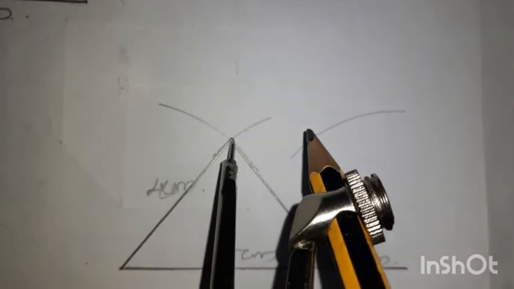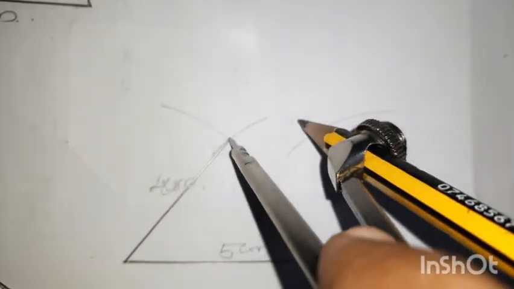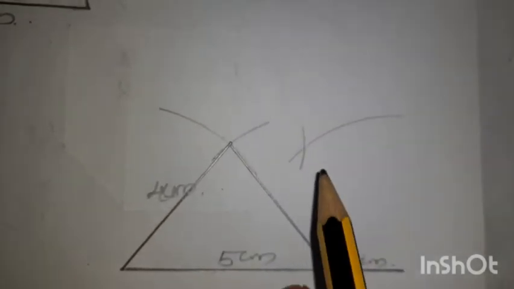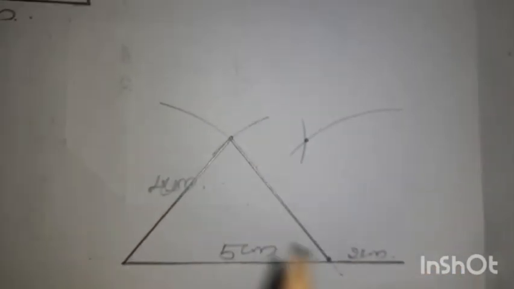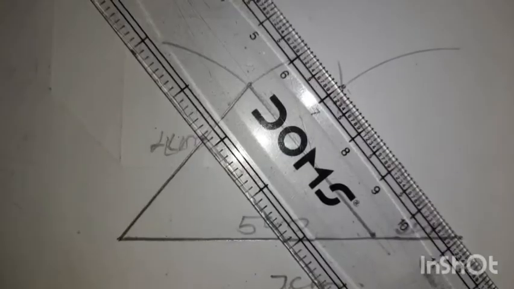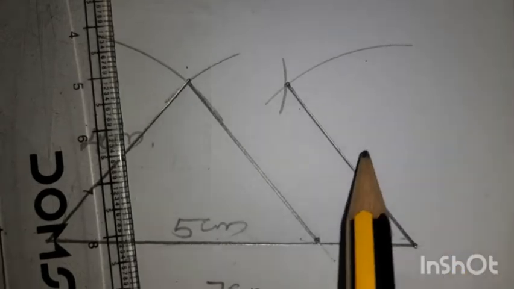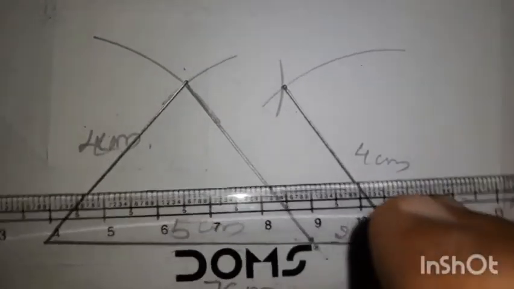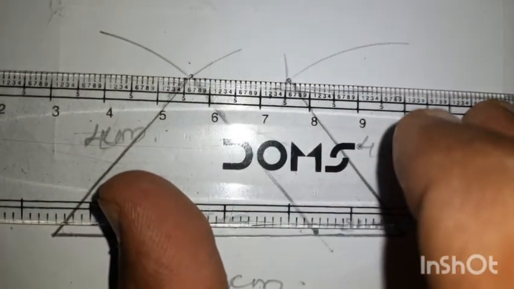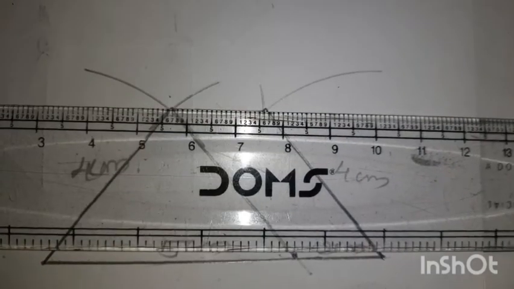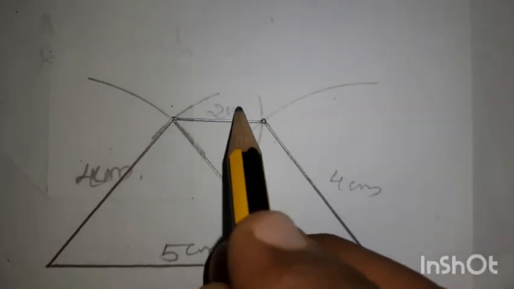Then you have to draw it from this end. So you have to join the next parallelogram. So draw the line here, that also 4 centimeter. Then you have to join the top end. So that is 2 centimeter.